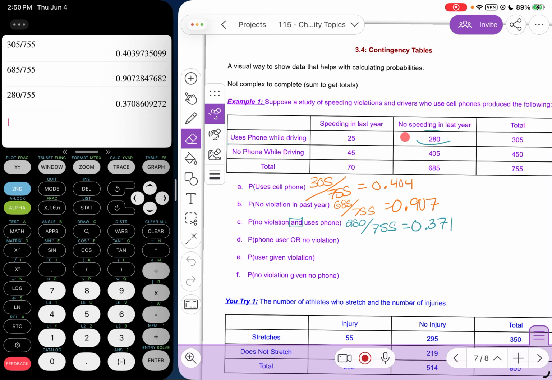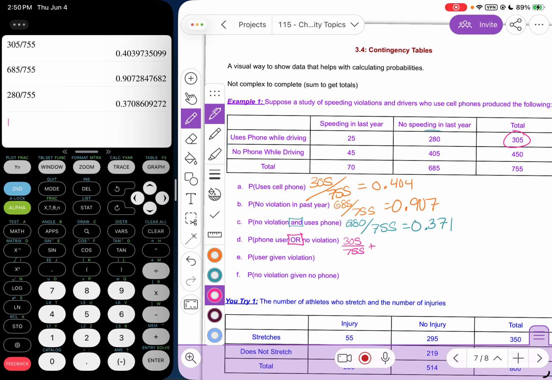Okay. Now D has us do an OR. So we're going to use the addition rule. So our phone users are 305. Our no violations are 685. But then, because they're not mutually exclusive, we have people that did both, we're going to want to subtract that.